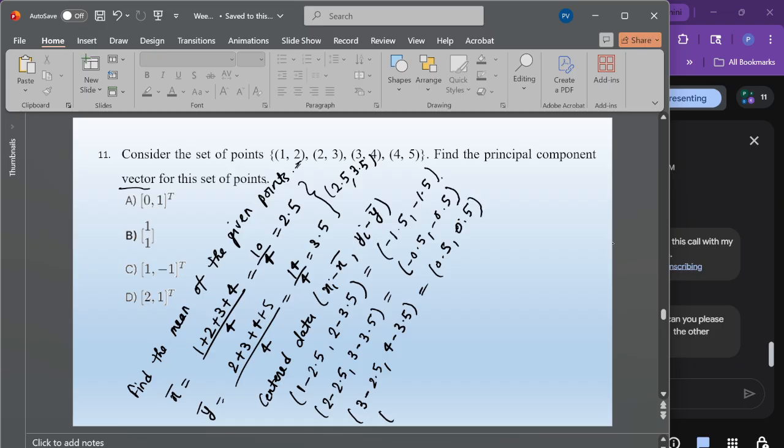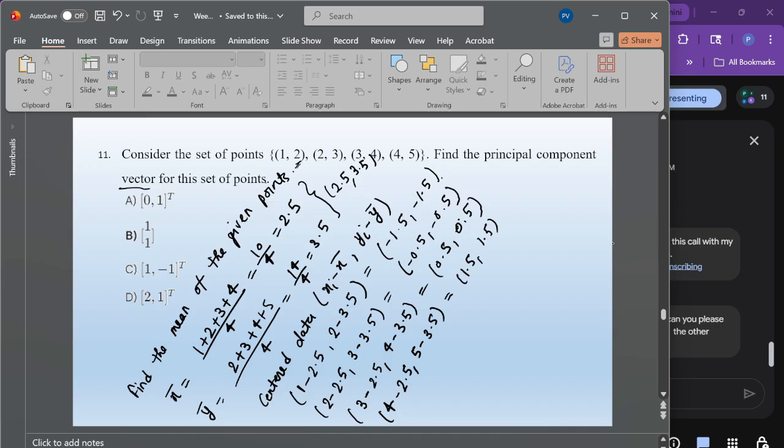The last data point is 4 minus 2.5 and 5 minus 3.5, so again you will get 1.5 and 1.5. Now if you see all the centered data points, x and y are identical.